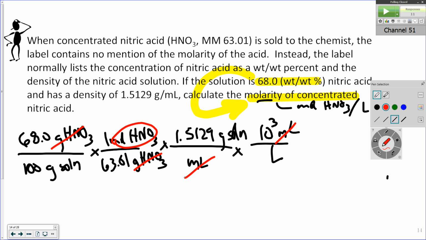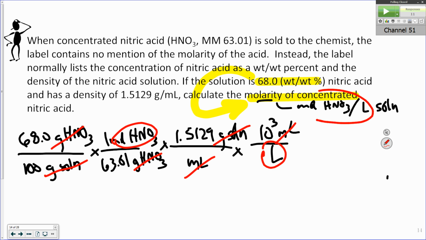Milliliters and milliliters cancel out, grams of solution cancel out. I'm left with moles per liter, which is where I'm trying to get. That tells me I've got the problem set up right. At that point, I'm going to calculate. I'm not going to mess with it before that until I see the calculation come out.